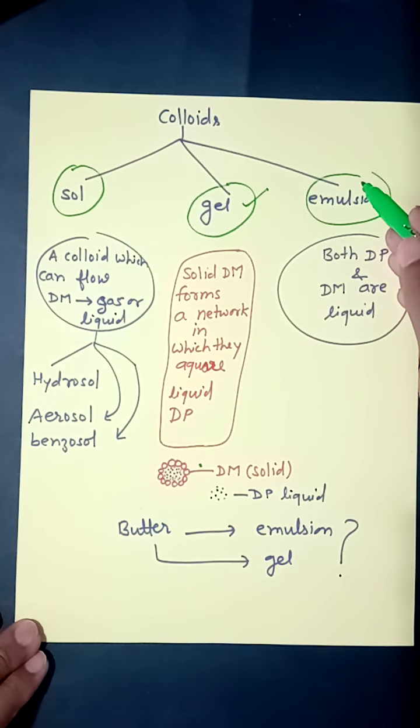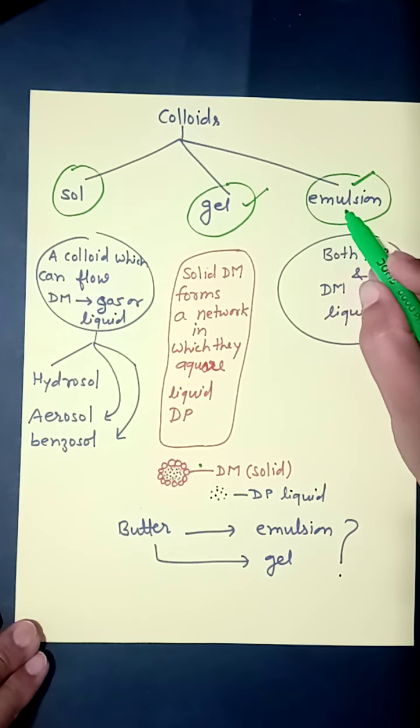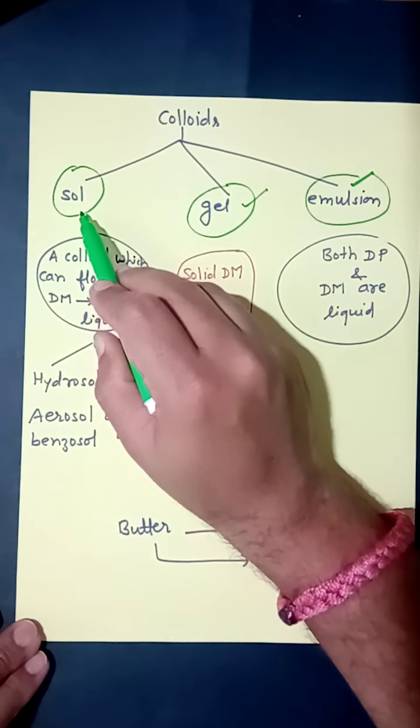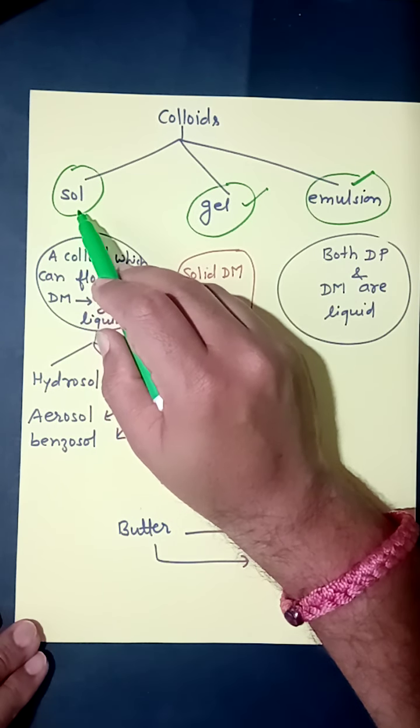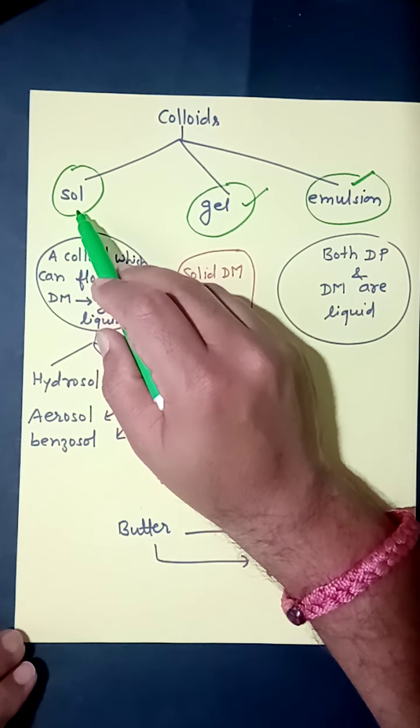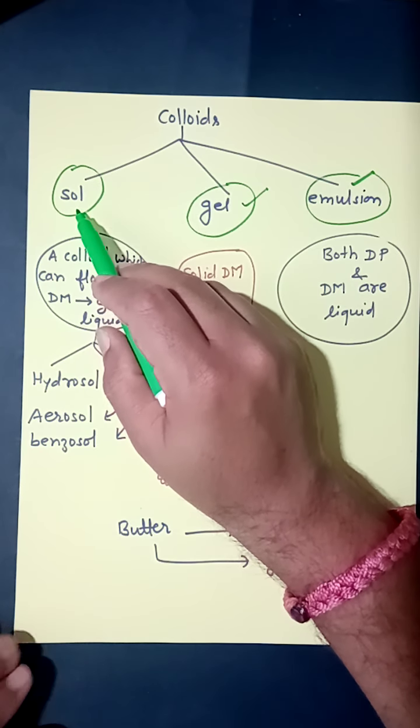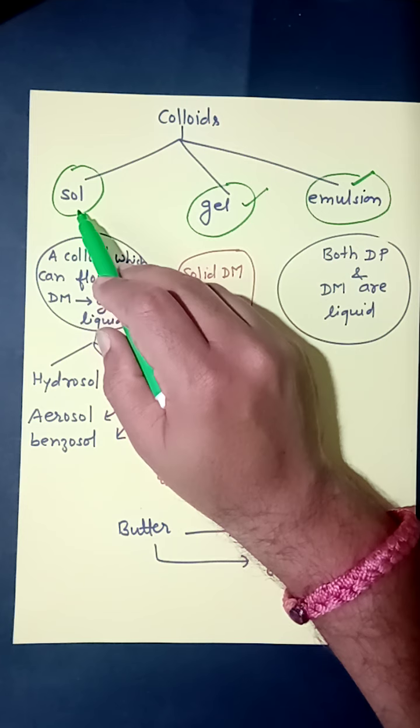Emulsion, if you see any cough syrup or any syrup, you will see this term emulsion over the syrup. And sol, if you use Dior or any other deodorant or fog, then you will see this printed on the can, which says aerosol.